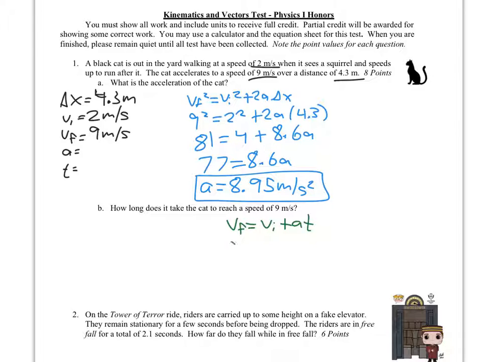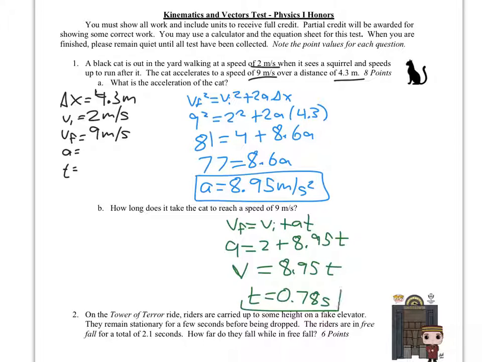So I can say 9 is equal to 2 plus that acceleration I just found, which was 8.95 times t. So 7 is going to be equal to 8.95t, and I divide by 8.95 to get a time here of 0.78 seconds.